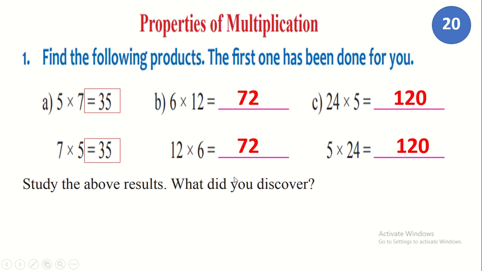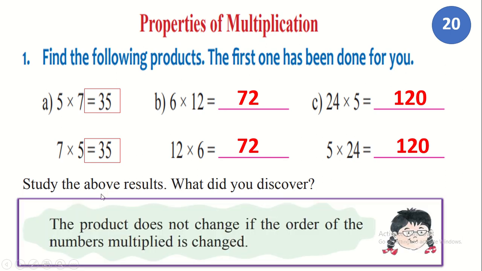Okay, look at here. Study the above results here. What did you discover? The product does not change if the order of the numbers multiplied is changed. 5 times 7 here, here is 7 times 5. The answer is the same.